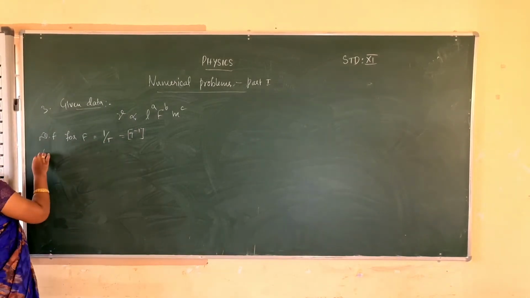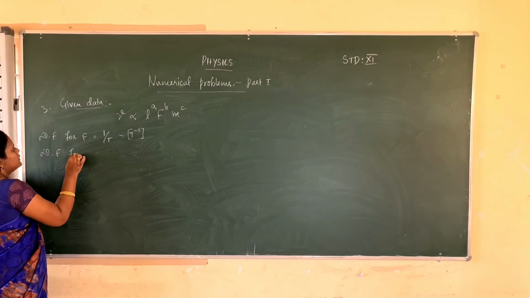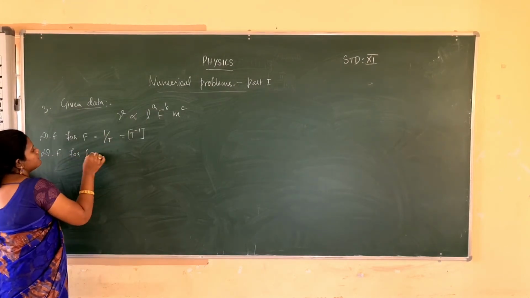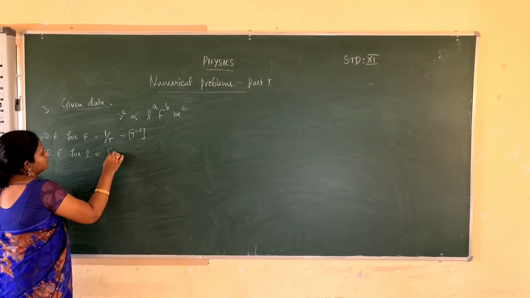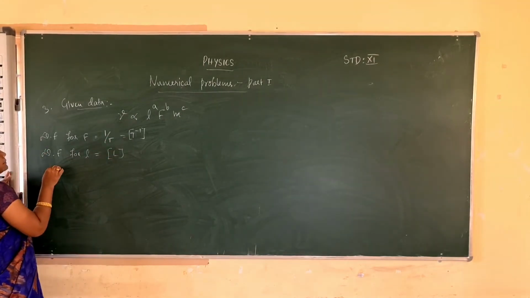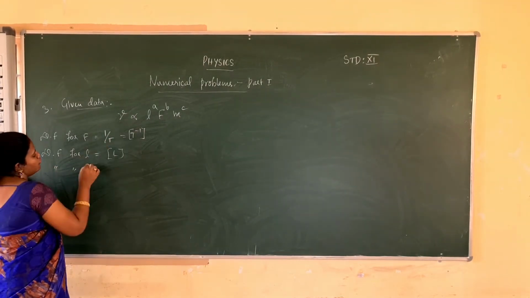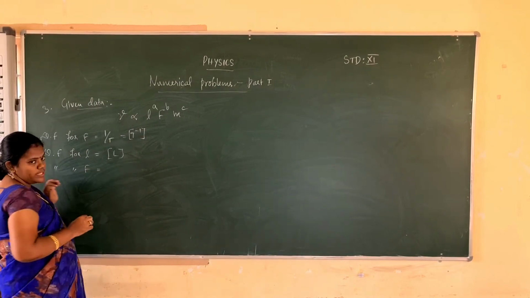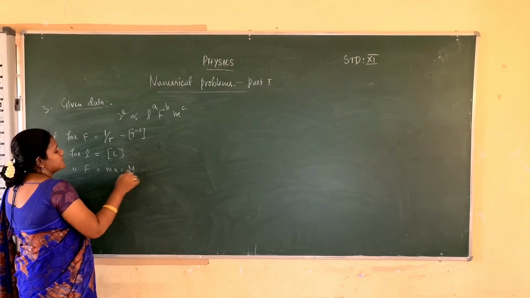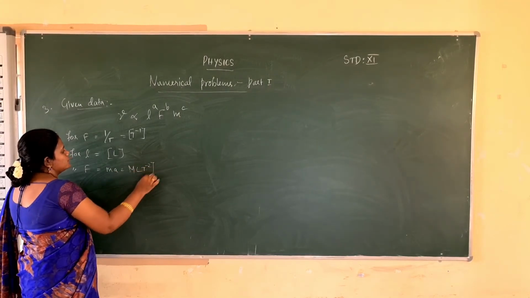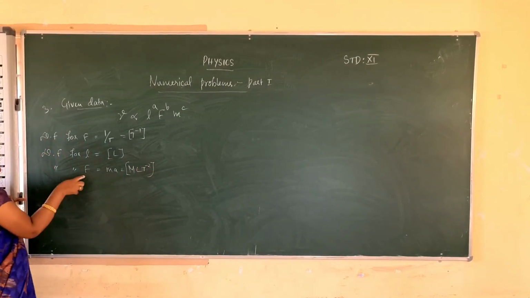Then dimensional formula for length L is equal to L. Then dimensional formula for force: force is equal to m into a. So mass M, acceleration is L t power minus 2. This is the dimensional formula for force.